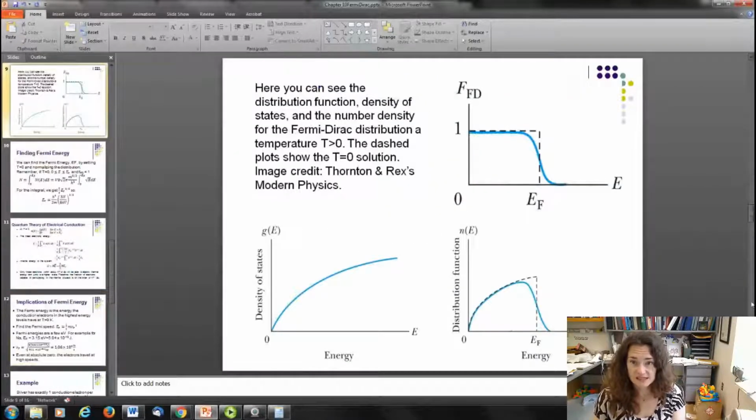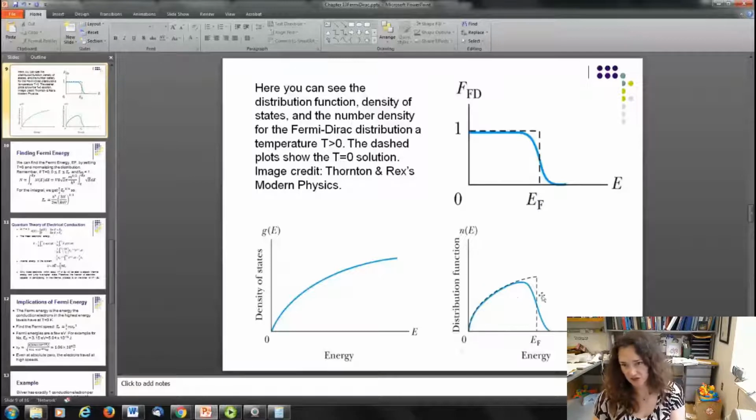Now, if you plot these things out, yet again, this is for T slightly greater than 0, and here you have your Fermi-Dirac distribution function. It's a step function. If you plot your density of states function, it looks like this. It's increasing as E to the 1/2 power. When you multiply those two together, you get the growth of the density of states at low energies, modulated by the step-looking function from the distribution function.